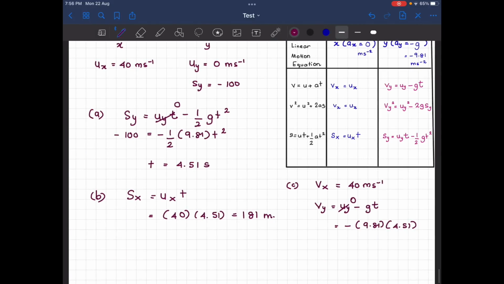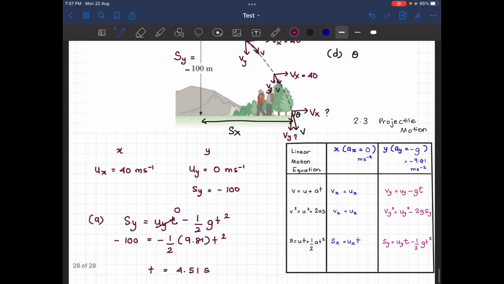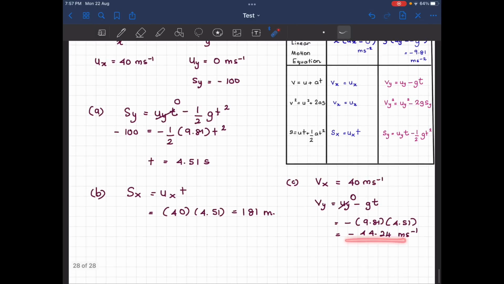So if you press your calculator, I think you get your answer to be negative 44.24 ms negative 1. Okay, so it makes sense the value is negative because our vector Vy is downwards, so a negative sign, that's why you obtain a negative answer over here.